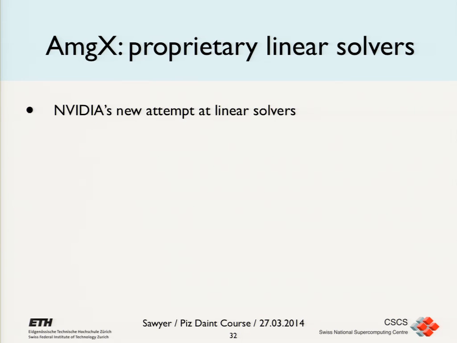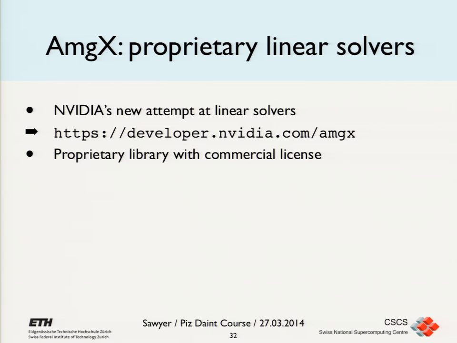I added this slide this morning. So NVIDIA isn't supporting Cusp, but they've gone in a slightly different direction. They do want to offer some sort of linear solvers and preconditioners. There's a page where you can look at this AMGX library. This is now a proprietary library with a commercial license. We do not have it on Piz Daint.